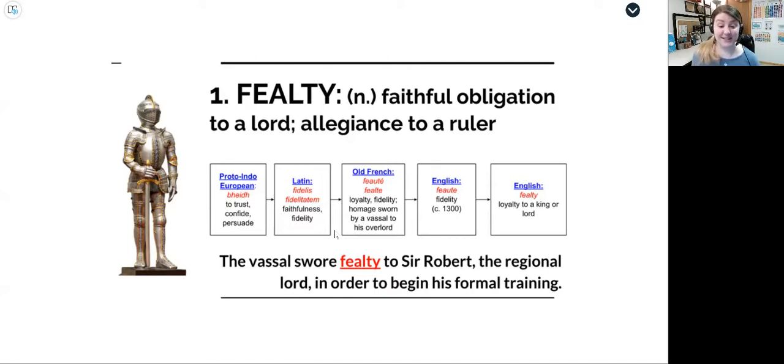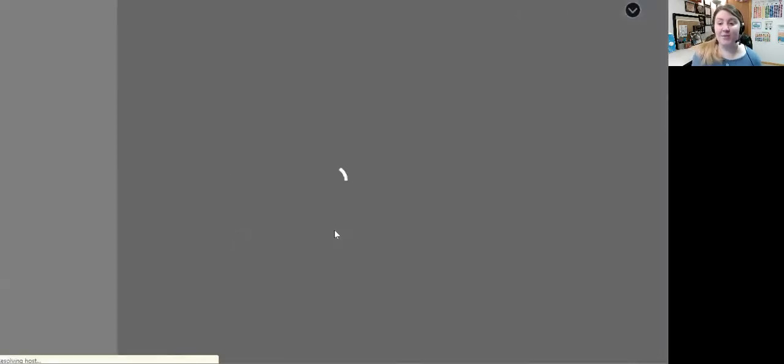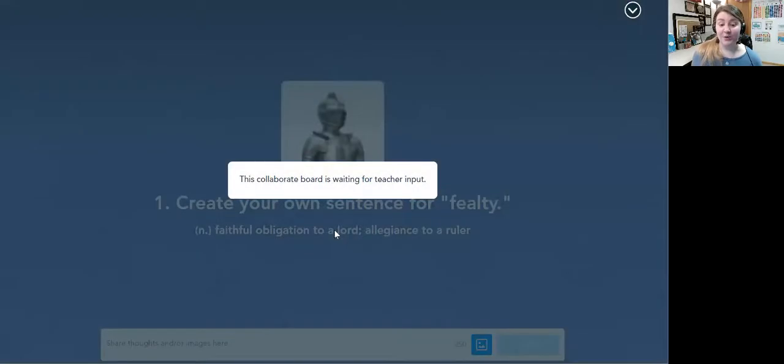Now, my example sentence for this: the vassal swore fealty to Sir Robert, the regional lord, in order to begin his formal training. Then we go to a new slide where you are able to share your own example sentences for this word.